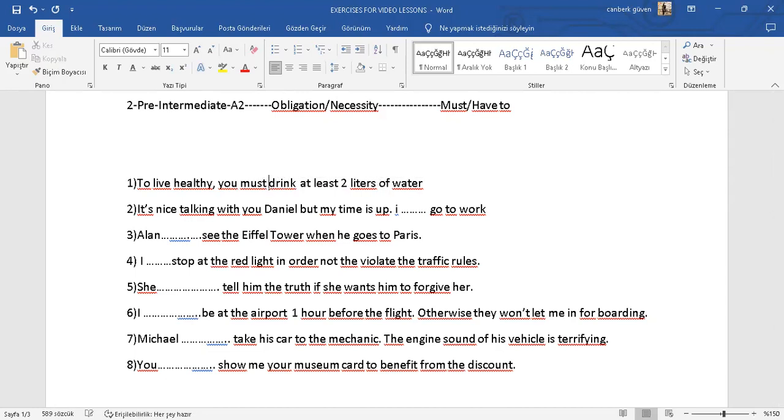It should be must here. To live healthy, you must drink at least 2 liters of water. As you see, it's actually a strong recommendation, right? Because when you are watching the news, the scientists or the medicine people always say you must drink at least 2 liters of water in order to keep your organs working.